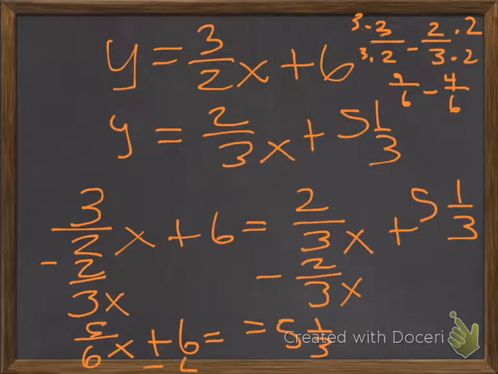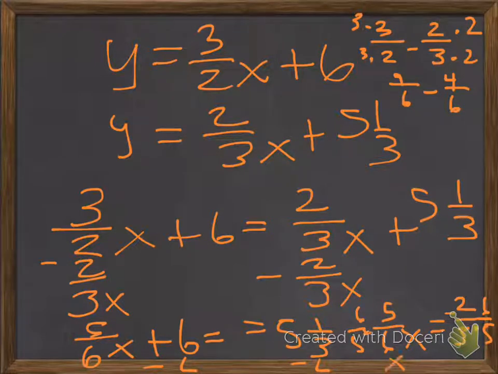And then we need to subtract our 6. So we have 5 1/3 minus 6, which gives us negative 2/3. So 5/6 x equals negative 2/3, and multiply by the reciprocal to get x. So I get negative 12 over 15, which simplifies to negative 4/5. So that's our x value.